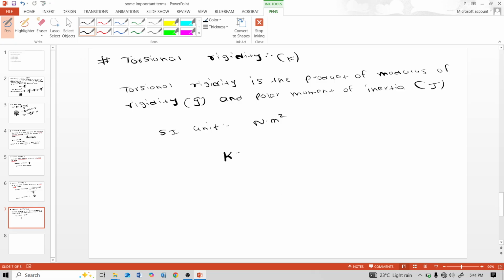The equation is K, torsional rigidity, is equal to modulus of rigidity multiplied by polar moment of inertia.